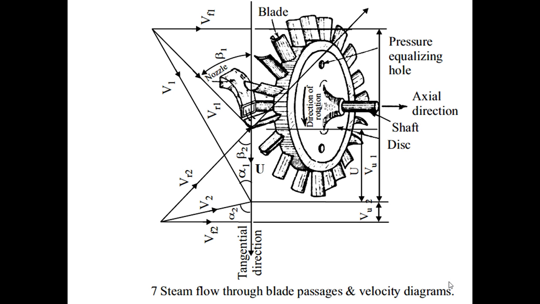Thrust created by the axial flow forces. If you find the difference of VF1 and VF2, or delta VF, and multiply that with the mass flow rate, one can find the thrust, or the force generated in the axial direction, the shaft direction. Is the point clear?